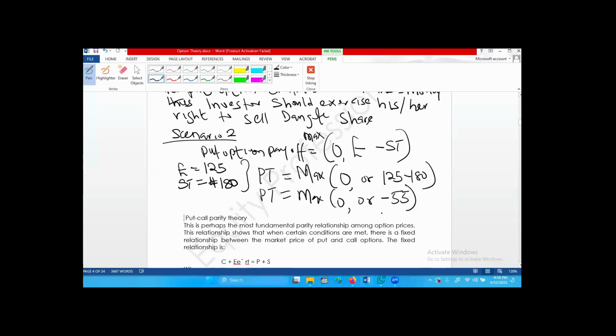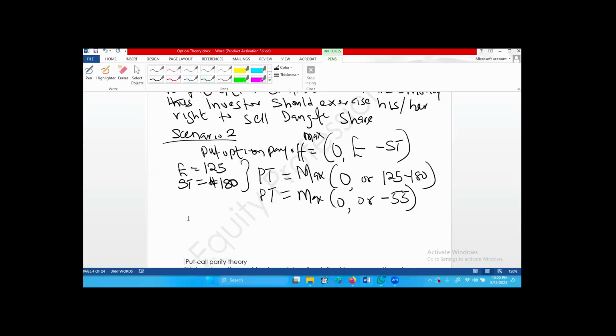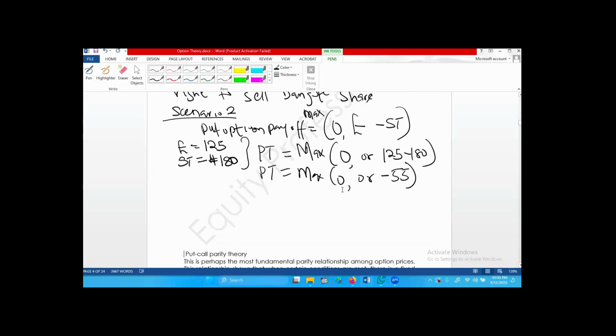You have a choice between accepting 0 or the negative value. In this case, it is better to accept 0, meaning that you are going to opt out of the option contract.